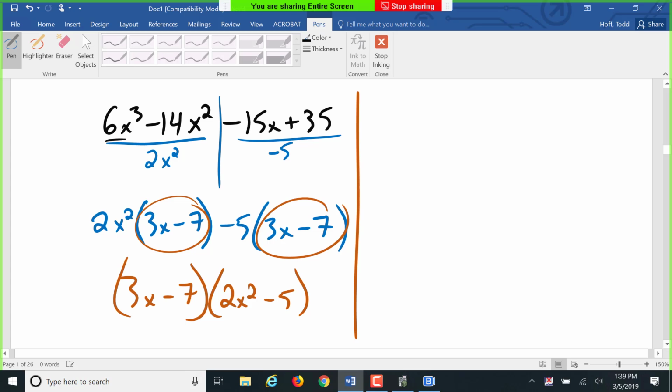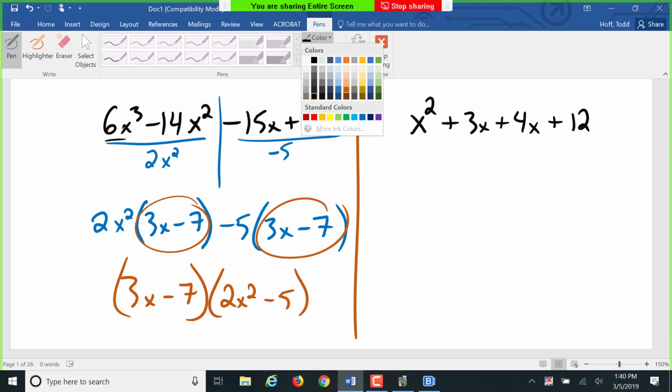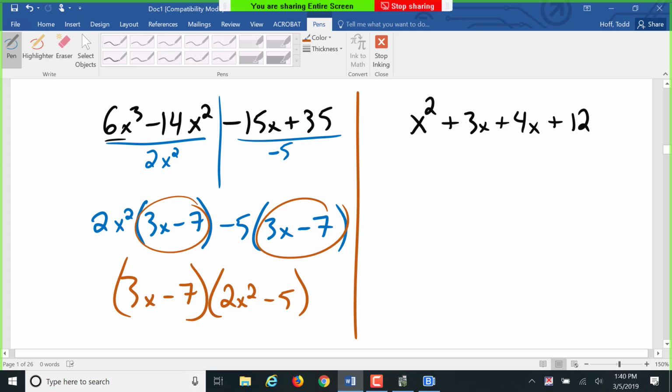We could have something like this. If I go to factor this, I can use that grouping. There is no common factor throughout the whole thing.